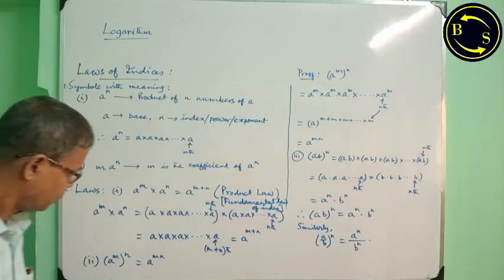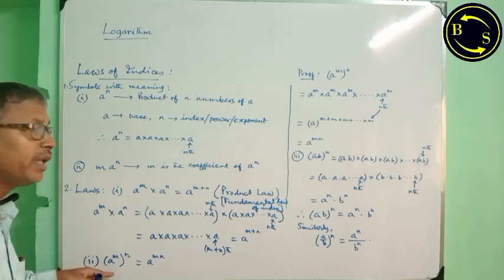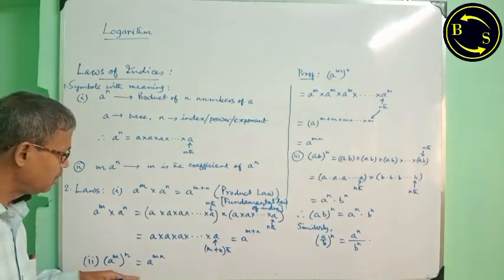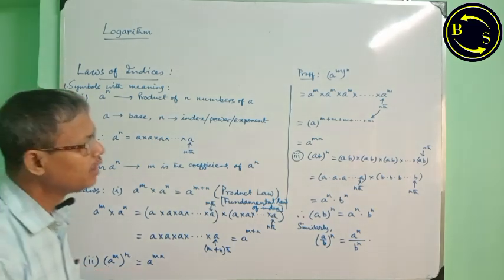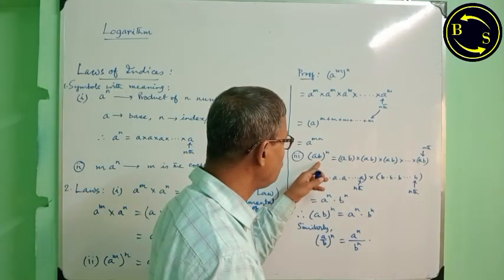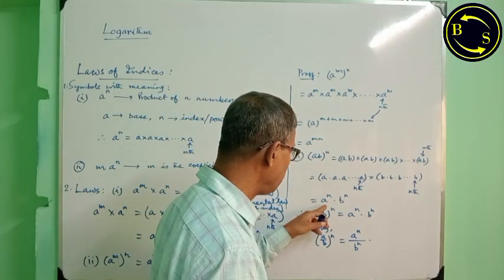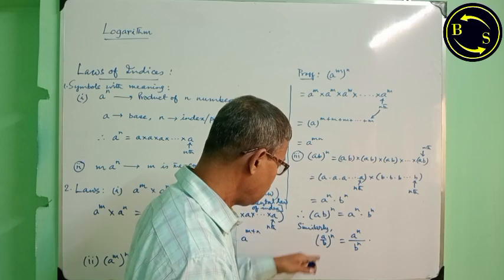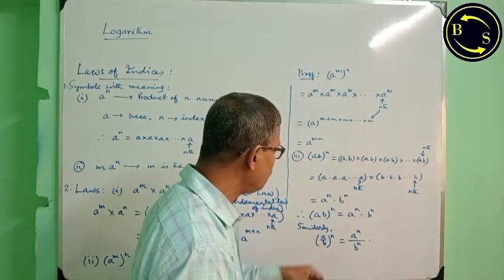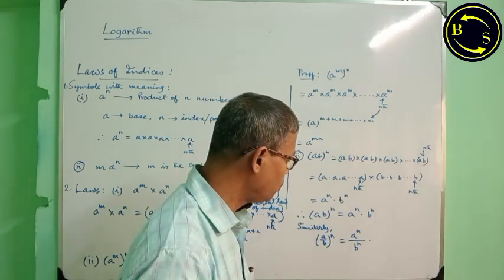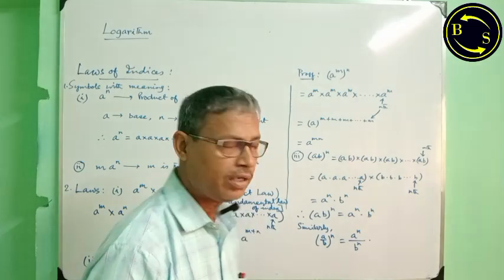Then from that we get next one, a to the power m whole to the power n is equal to a to the power mn. Next we get ab whole to the power n, that is equal to a to the power n into b to the power n. Then a by b whole to the power n is equal to a to the power n divided by b to the power n.